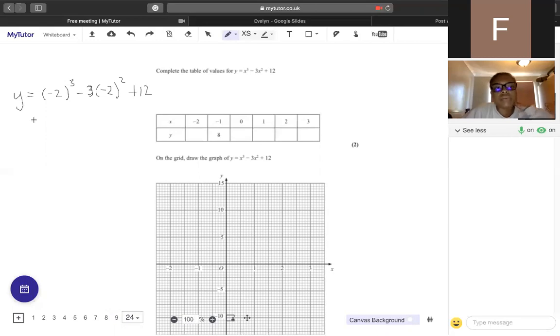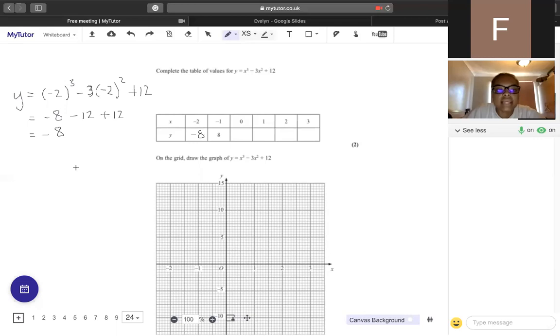So this one, we've got -2 cubed, which is -8. We've got -3 multiplied by -2 squared. -2 squared is 4, multiplied by -3 is -12. And then plus 12. So our answer for this one would be -8.